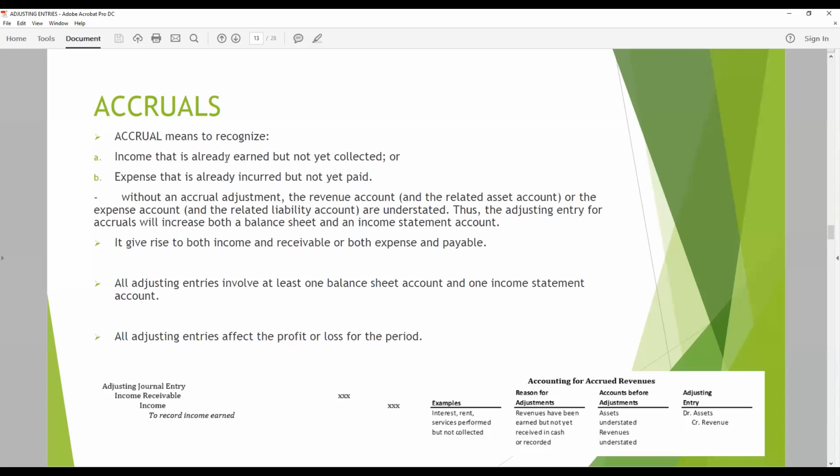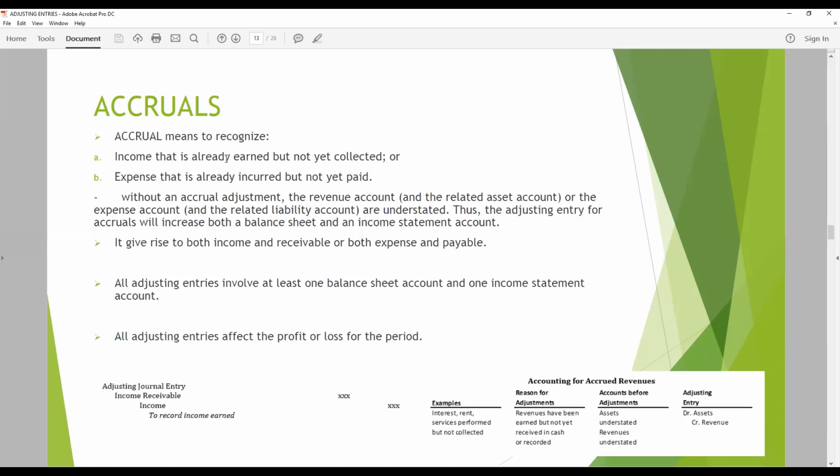This is under income. And under expense naman, expense is already incurred but not yet paid. So you already incurred that expense. So kailangan nyo na siyang bayaran pero hindi nyo pa siya nababayaran. So i-recognize nyo na siya as expense sa books nyo kahit na hindi nyo pa siya bayad as of year end.